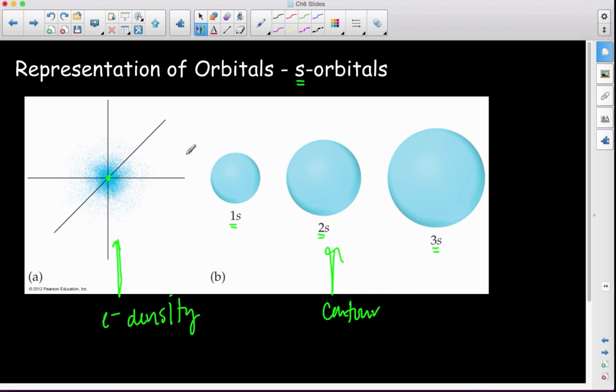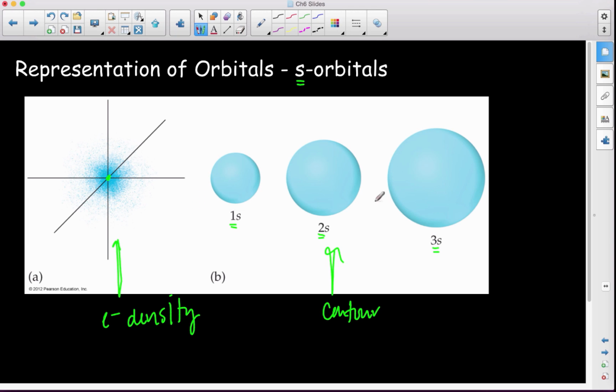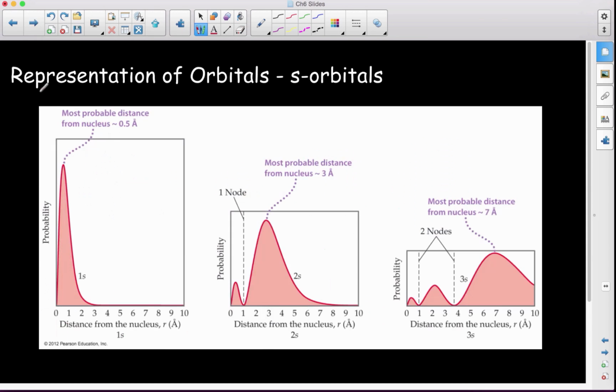In a couple of sections we're going to talk about why 1s electrons are so strongly attracted to the nucleus, and that's because of their proximity. These are going to be closer than these, which will still be closer than these. And we mean closer on average, because we don't really know for sure, but closer on average.